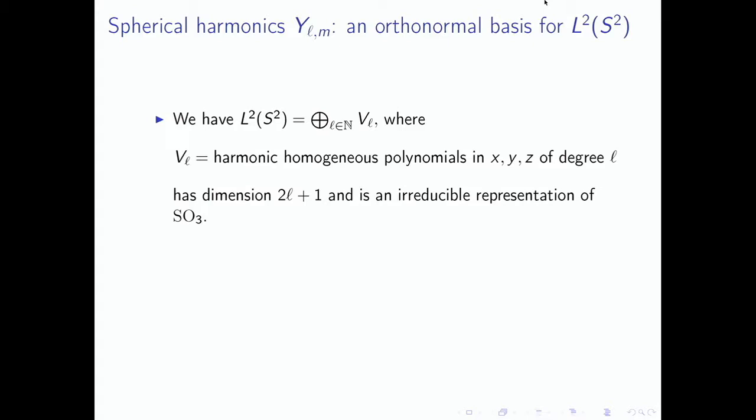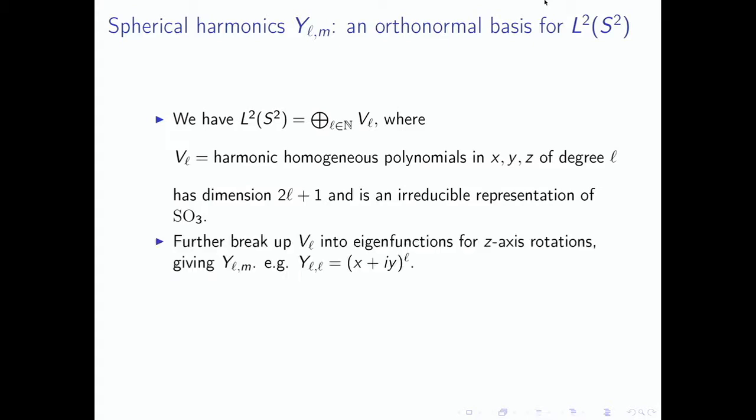Harmonic means that they're killed by the Laplacian. Those are polynomials in R3, but you can restrict them to the sphere. So that breaks up L2 of the two-sphere, but you want a basis, and these are just some subspaces. So you break these up further down to one-dimensional things.